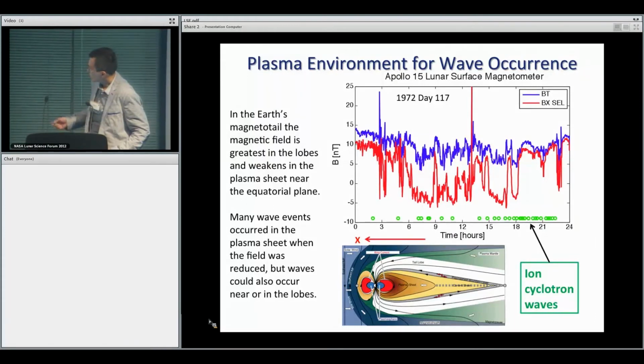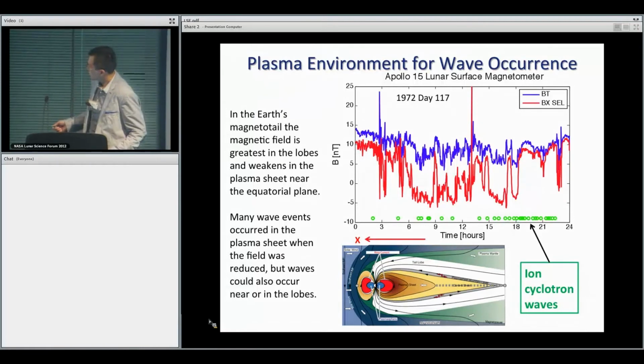On this day we found a large number of ion cyclotron wave events in one day, and in fact, the wave activity seems to be very frequent.